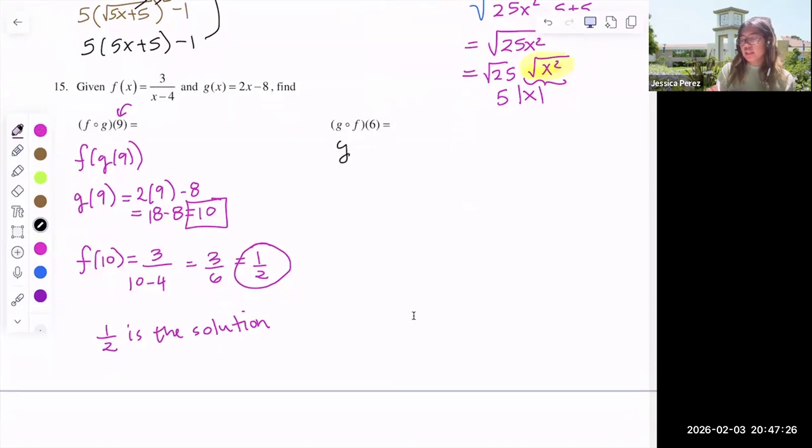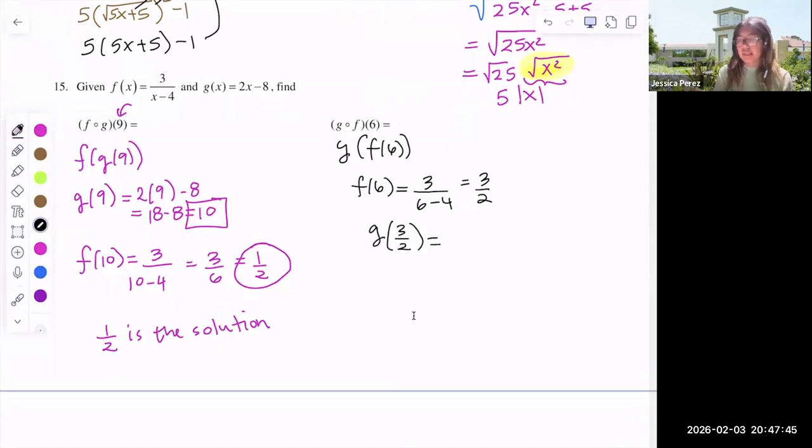So this means g of f of 6. You first find f of 6 in the equation. So that's 3 over 6 minus 4. This gives you 3 over 2. So you're substituting 3/2 into g. So g of 3/2, that's what you are actually evaluating. Then that gives us 2 times 3/2 minus 8.